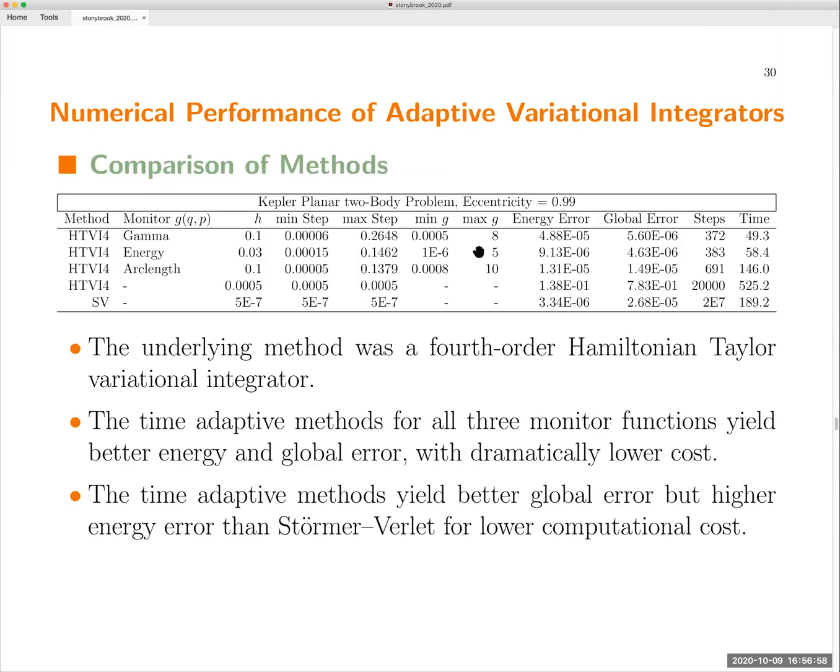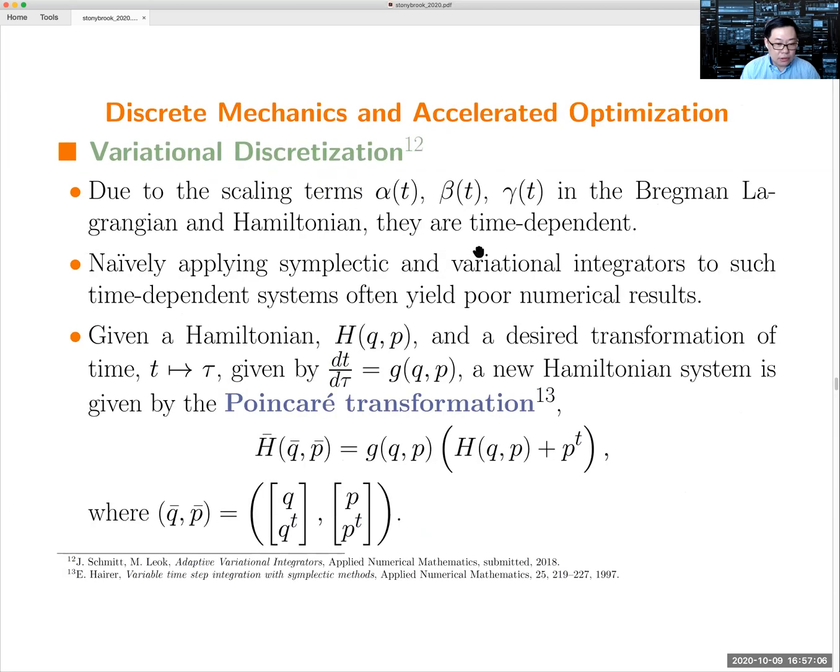Sorry. Yes, I just wanted to... I'm not sure I understand what is adaptive in the time adaptive. Is it an adaptive step size? Yeah. So the idea is that you have original time and you have tau, which you could think of as a computational time. Yeah, you made some change in time. I'm okay with that. Right.